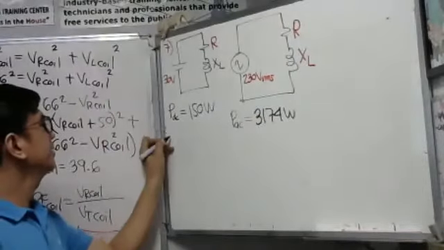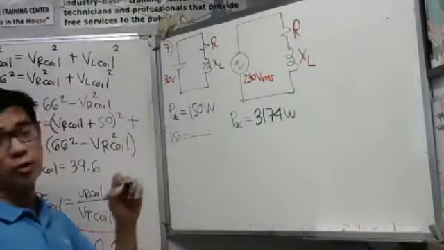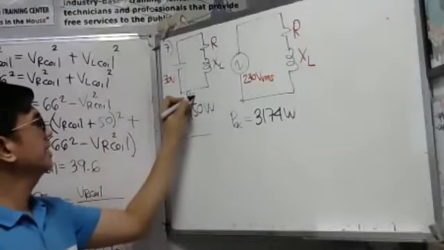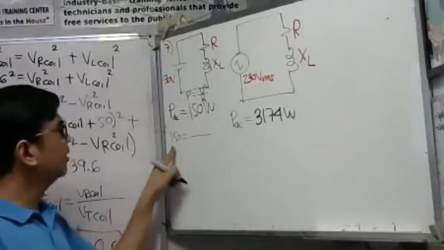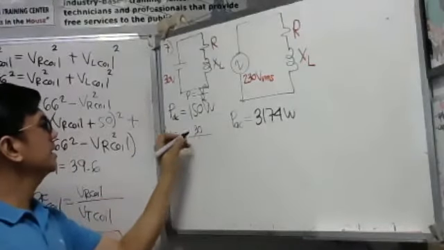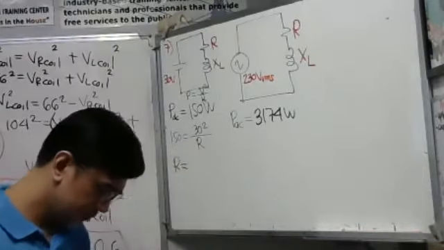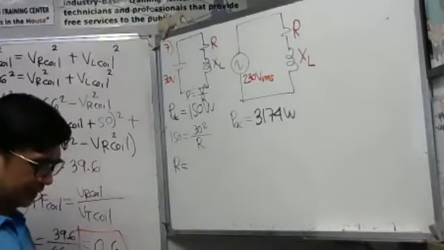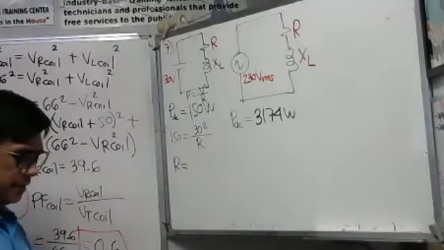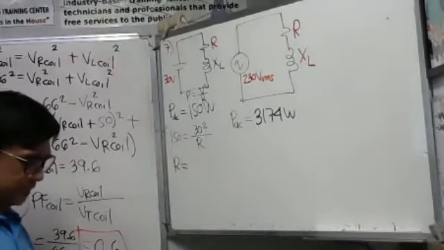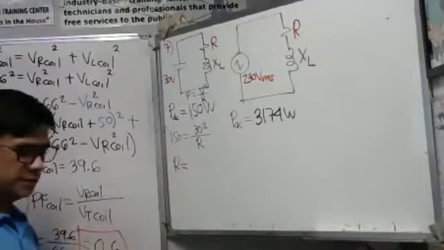Remember, the P DC, or what we call that 150, is equal to V squared over R. Remember that power is V squared over R. So, what is our V? 30 squared, then over R. So, therefore, our R will be equal to, let's calculate this, 30 squared, then it should be divided by 150.